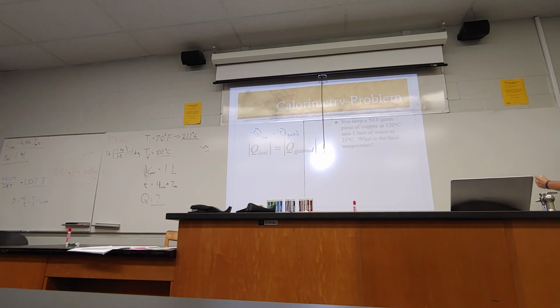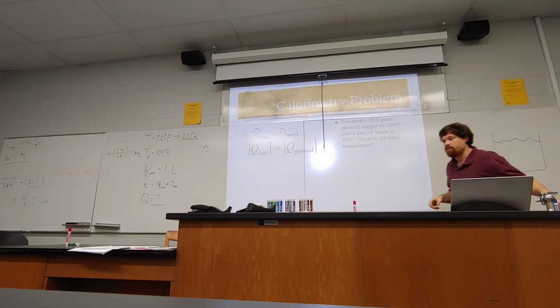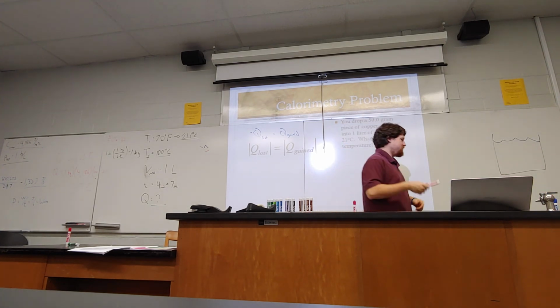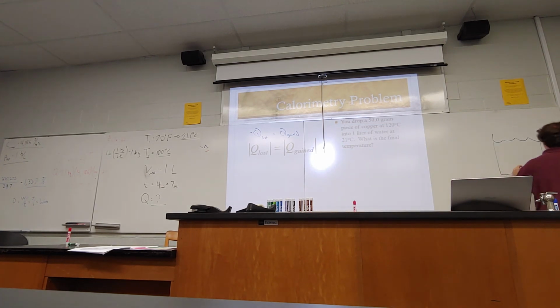So, thermally speaking, what we have here is a system comprised of two objects. Copper's red, right? I can use red for copper. It's reddish. So, lump of copper. So our two object system is object 1, copper, object 2, water.